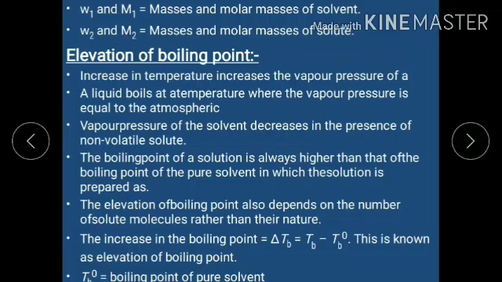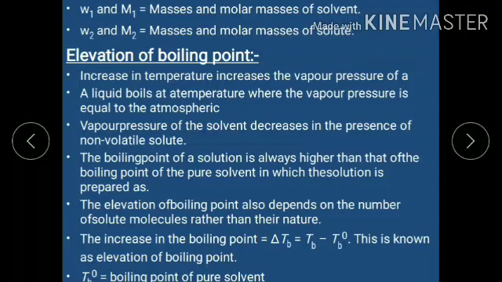What is the meaning of colligative property? The number of solute particles dissolved in the solvent. Colligative property depends on the number of solute particles dissolved in the solvent. It does not depend upon the nature of the particles, the nature of the solvent or the solute.